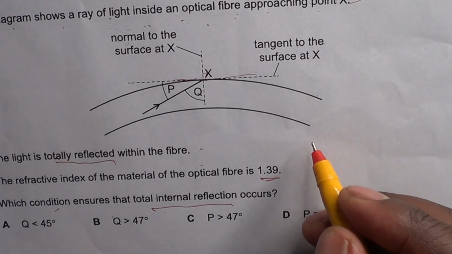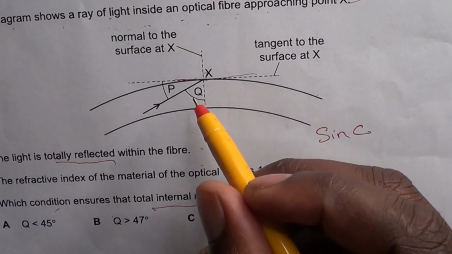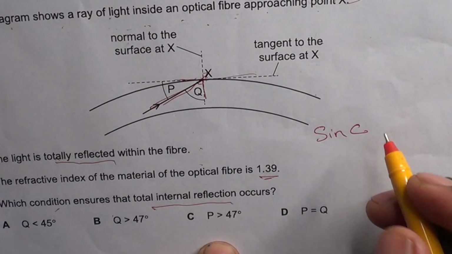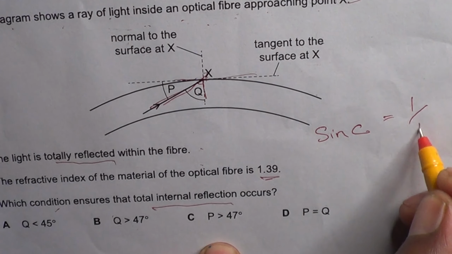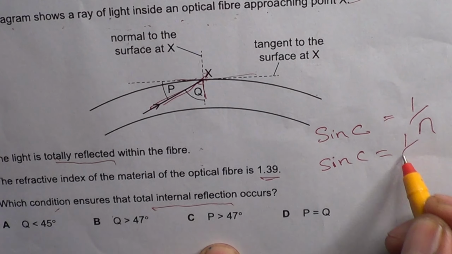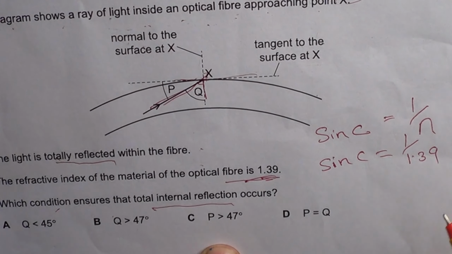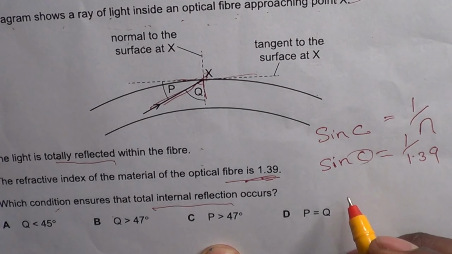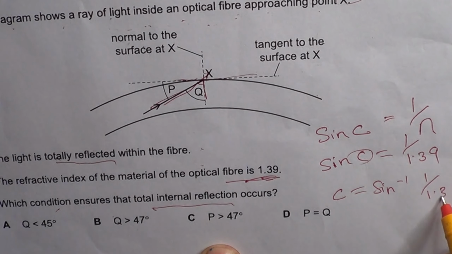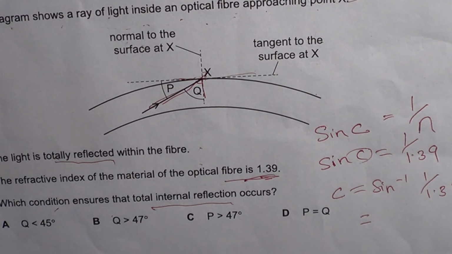So at this point, we know so well that sin C, because this now is the critical angle, sin C is equal to 1 over the refractive index, which is 1.39. So for me to get C, C is equal to the sin inverse of 1 over 1.39.